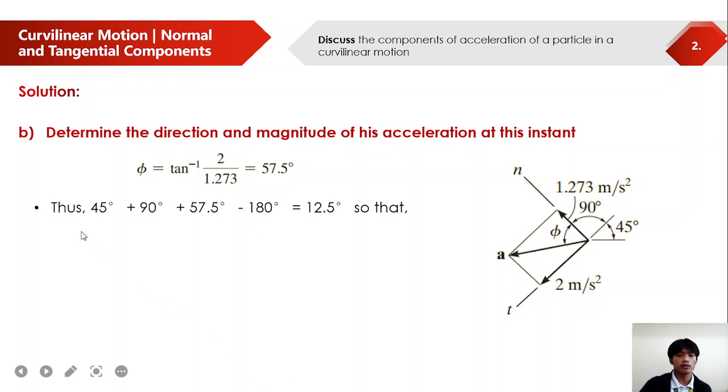Therefore, to solve for the direction of the acceleration, 45 degrees plus 90 degrees plus 57.5 degrees minus 180 will be equal to 12.5. So a is equal to 2.37 meters per second squared. This is your magnitude. And for your direction, it is 12.5 degrees below the horizontal.